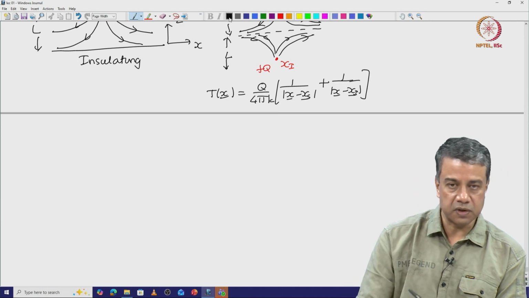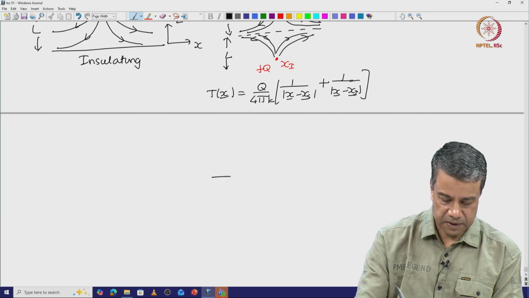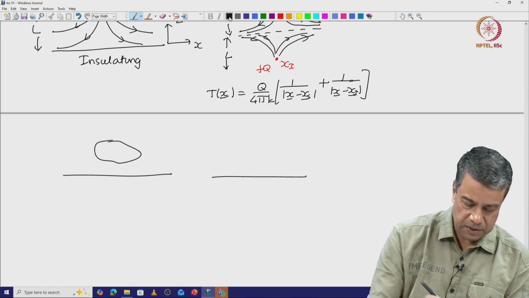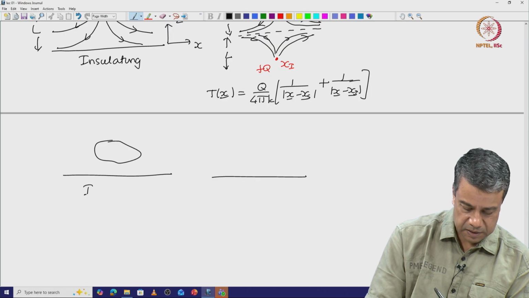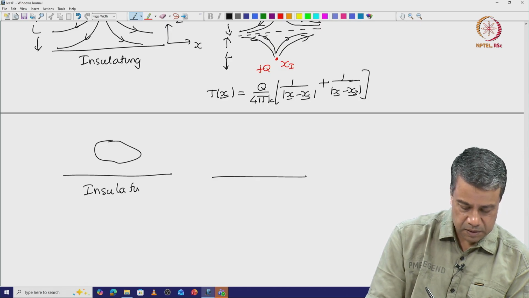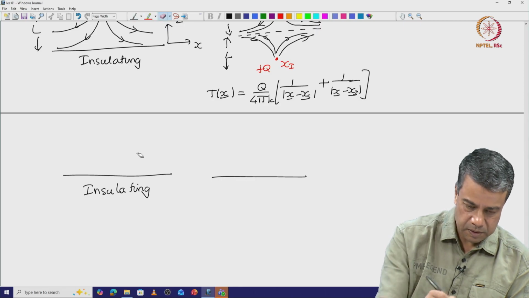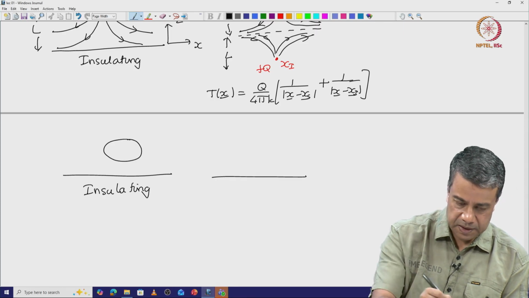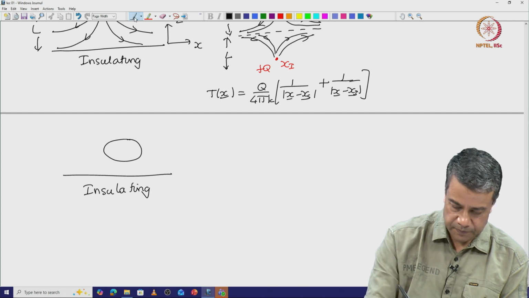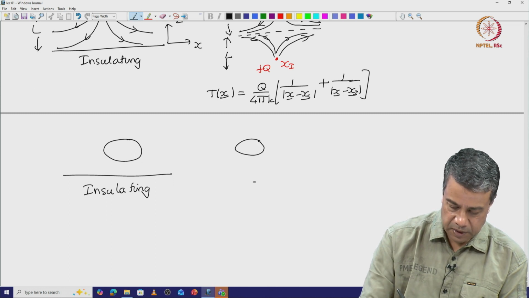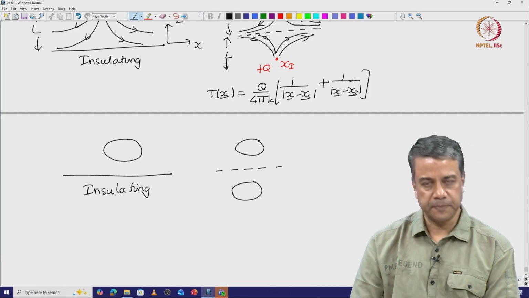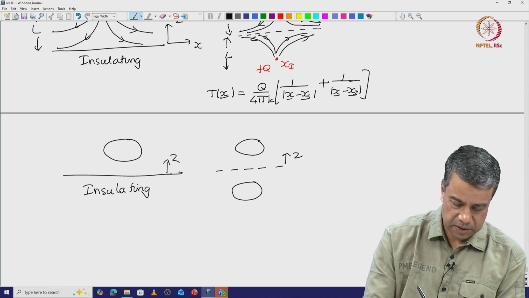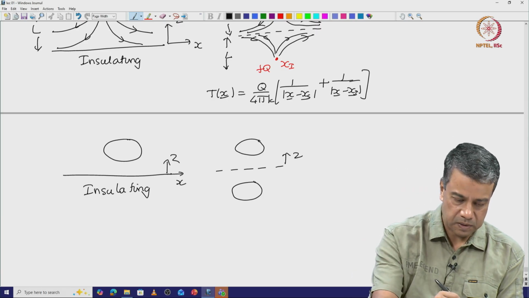Similar thing applies for a distributed source that is close to the surface. So, if I have, for example, a distributed source close to an insulating surface, you can replace that by removing the surface and putting an image below. This is z, and this is x.